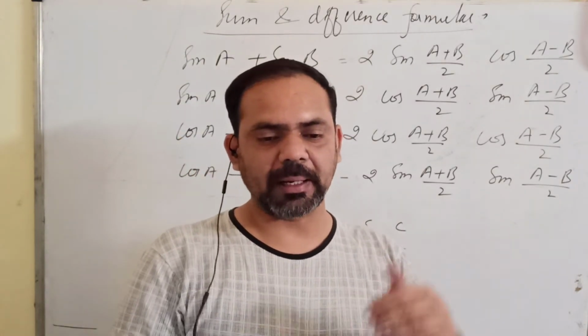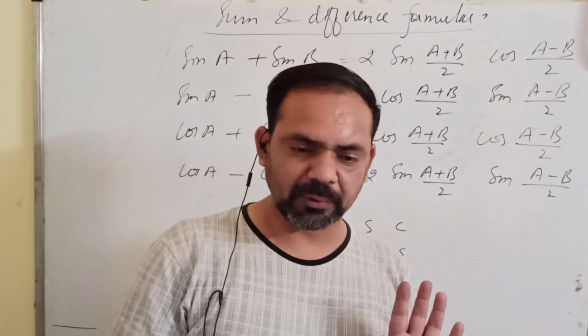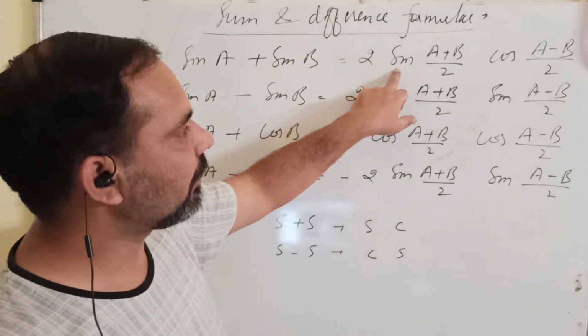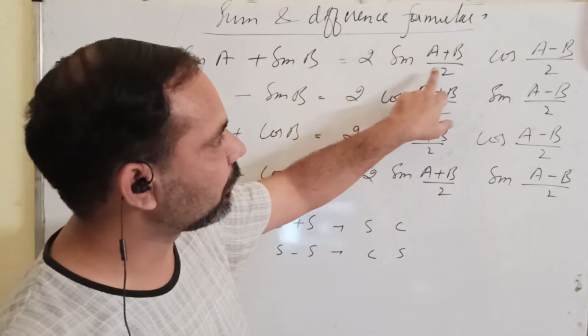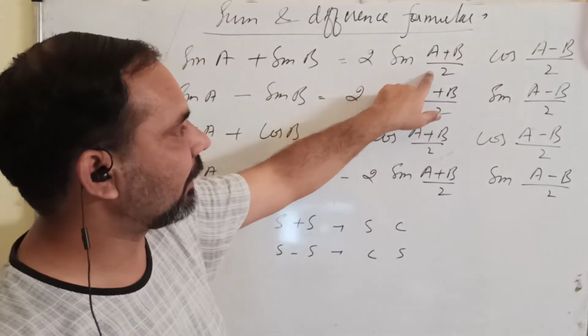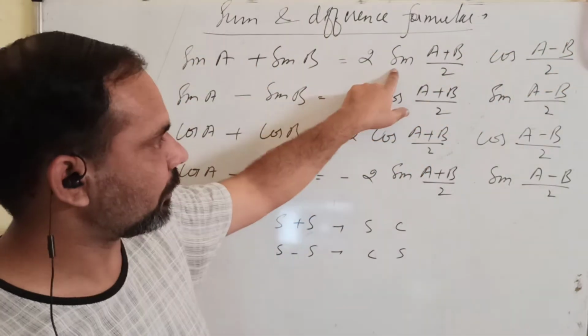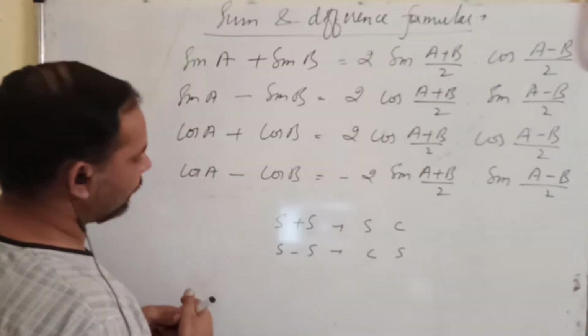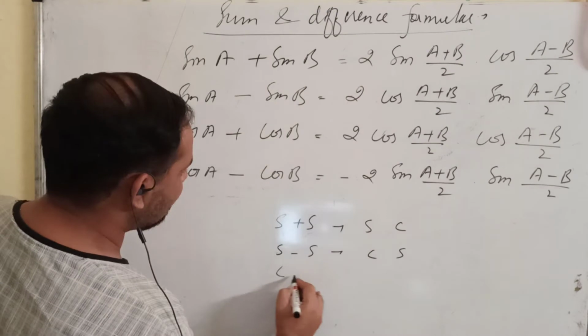And in case of cos, either both of them will be sine or both of them will be cos. Now for plus sine, A plus B by 2 and A minus B by 2, this is the bigger angle, this is the smaller angle. So with the bigger angle you will have sine ratio. I am telling you the method, how I remember this.